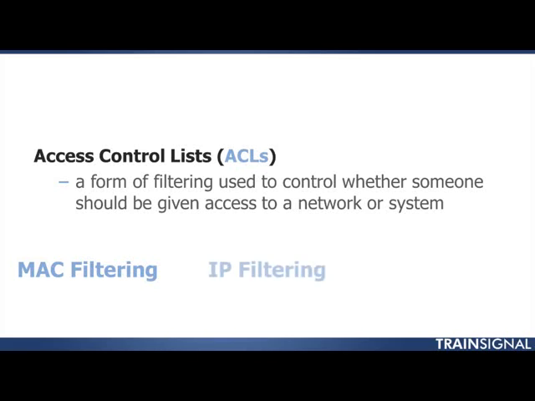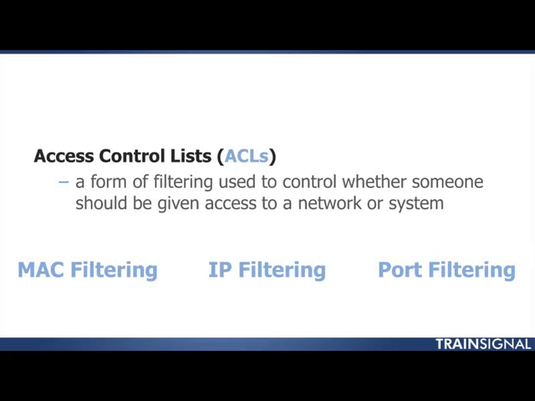We have IP filtering, based upon whether you're coming in on the right IP address, coming in from the right network. And then we also have port filtering. Are you coming in via the correct port? And when we want to talk about firewalls and coming in through certain ports.